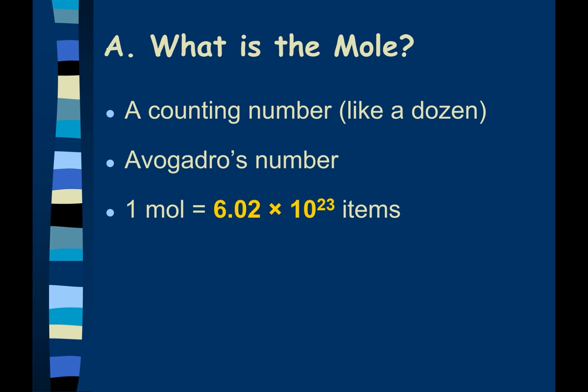We don't necessarily ever work with a number this large, right? A number that's got 21 zeros at the end of it. But when we're dealing with chemistry, we are working with atoms and molecules and all these tiny little particles. So even a small sample will have an enormous amount of particles in there. And so that's why the mole represents such a large number.